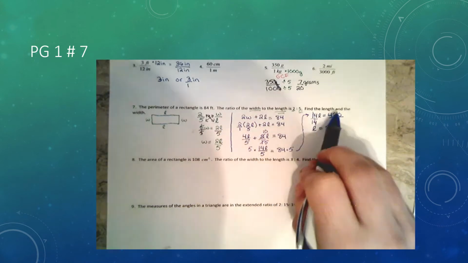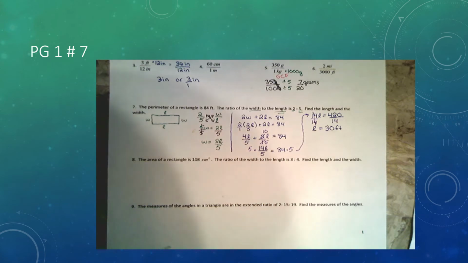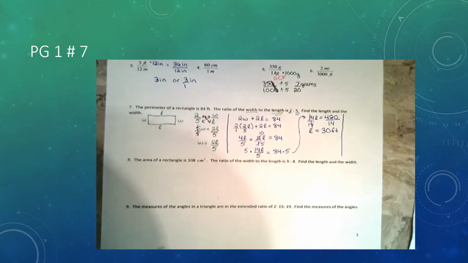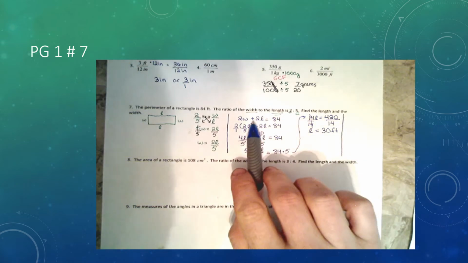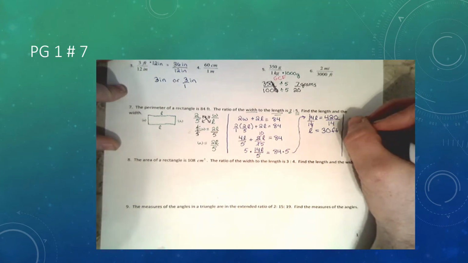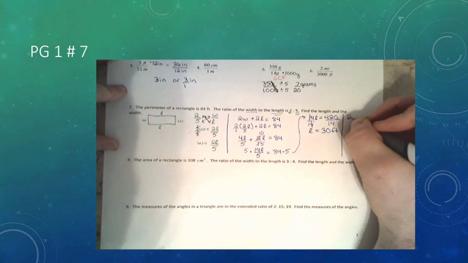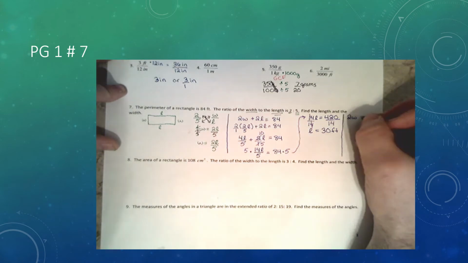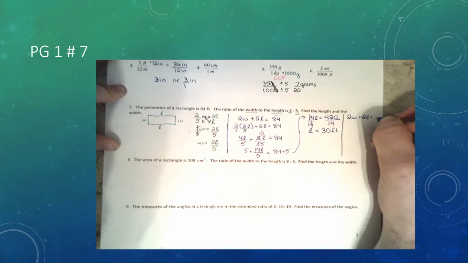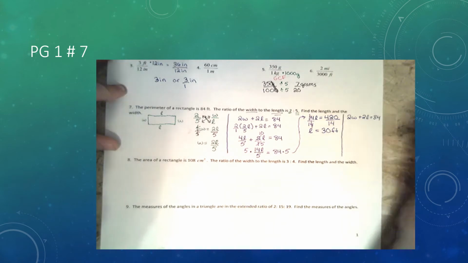So that was one of the things I had to find. But I also had to find the width. So now I can actually plug that back into this equation we had before. So now our last steps, 2W plus 2L equals 84.